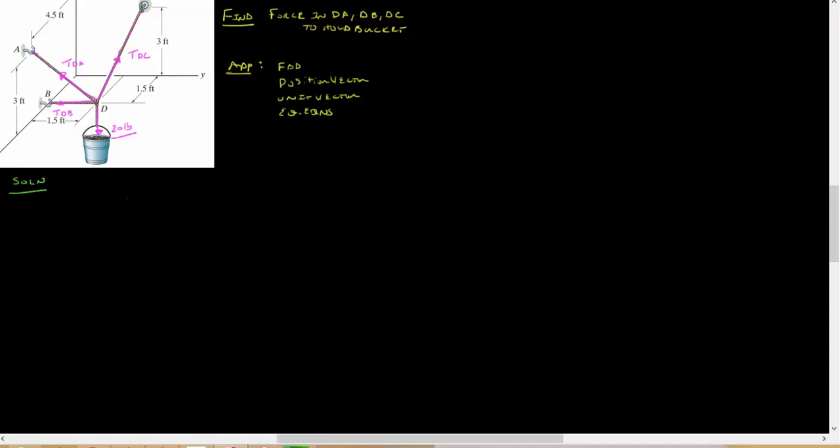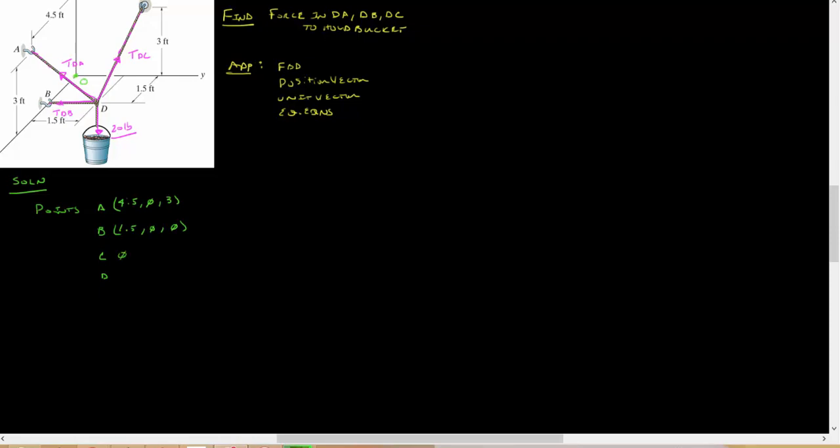First thing I want to do is find my points, the location, my Cartesian points. So I'm going to look at A, B, C, and D. So point A, if this is the origin here, that's 0, I'm going to be going 4.5 in the X, 0, and 3 in the Z. Point B, I've got 1.5, and then nowhere in the Y or in the Z axis.